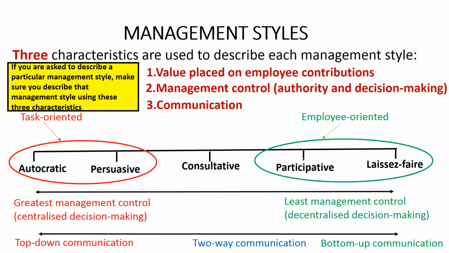Finally, you can see that the consultative and participative management styles involve two-way communication, that is, communication from the manager to the employees and from the employees to the manager, whereas the laissez-faire management style tends towards one-way communication, that is, bottom-up communication from the employees to the manager.